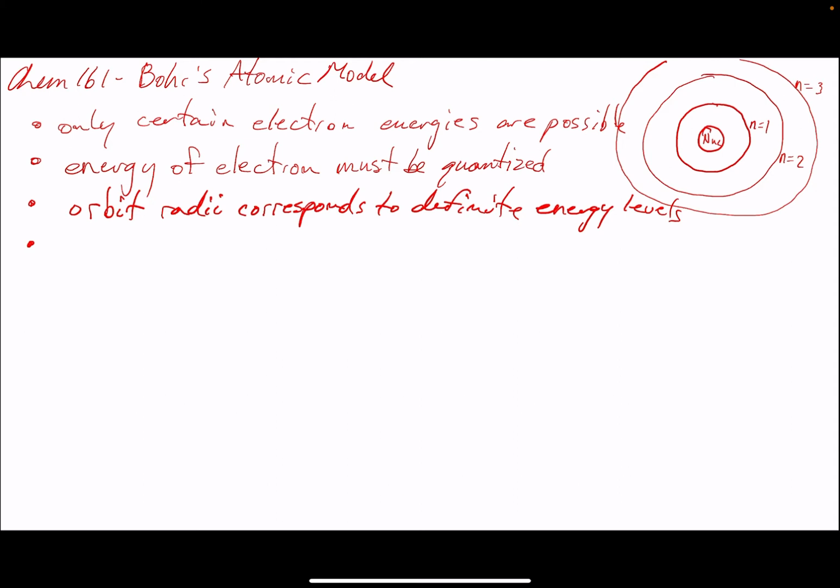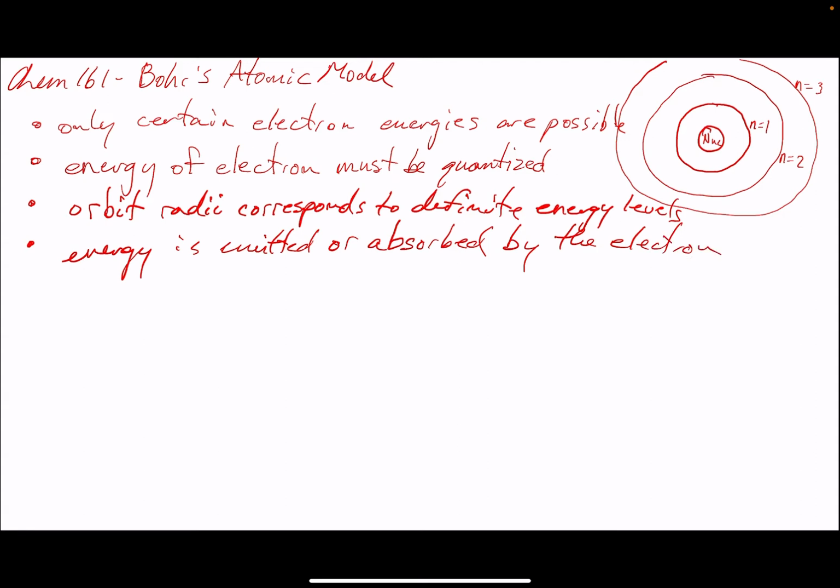So we'll say here that energy is emitted or absorbed by the electron as the electron changes from one energy level to another.